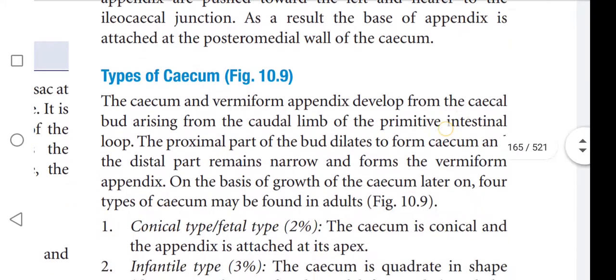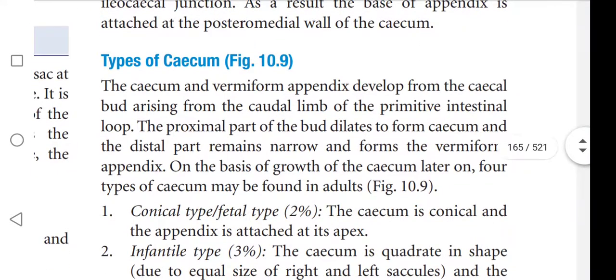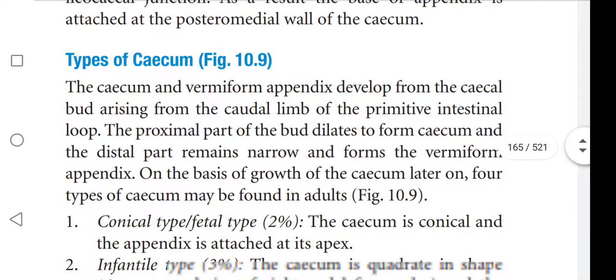Next, types of cecum. The cecum and vermiform appendix develop from the cecal bud arising from the caudal limb of the primitive intestinal loop.